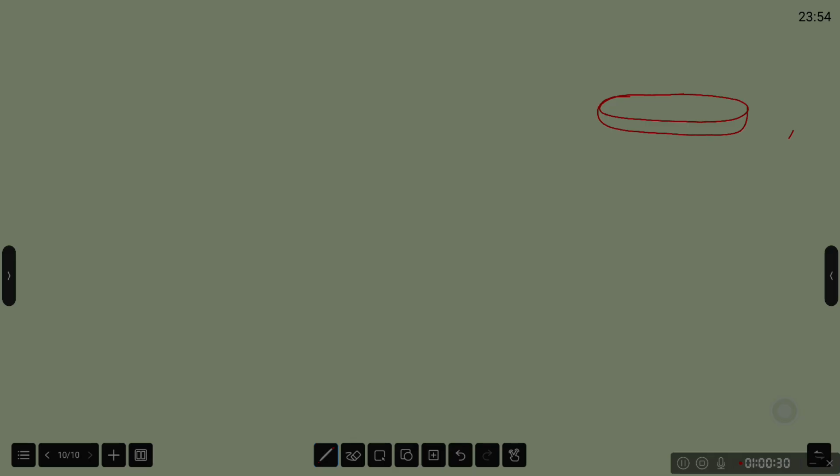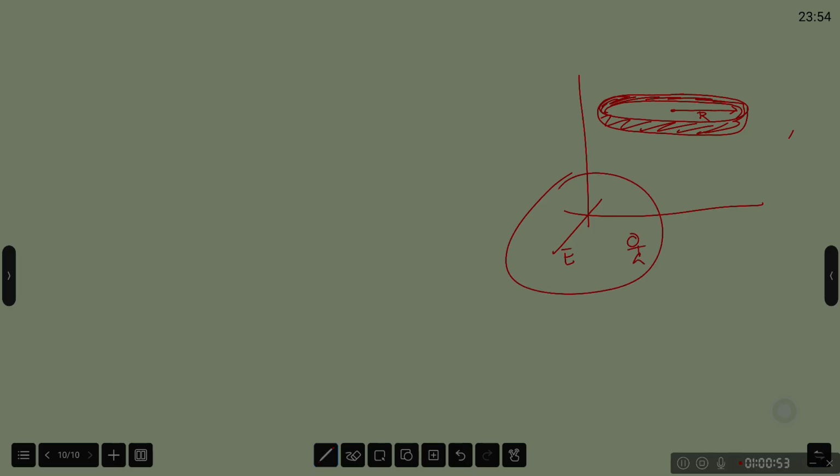We have a ring, radius r. Suppose it is executing a planar motion with respect to this frame F. These are the frame fixed axes.